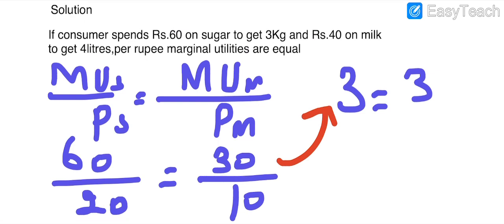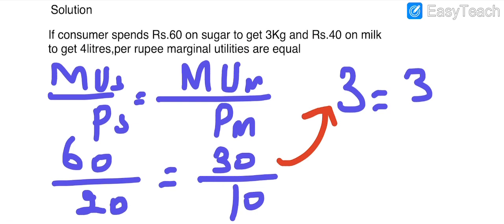And if the consumer spends 40 rupees on milk, it means 40 divided by 10. If we get the final of both commodities, this means 3 equals 3, and this equalization shows the equilibrium point or maximum utility point.